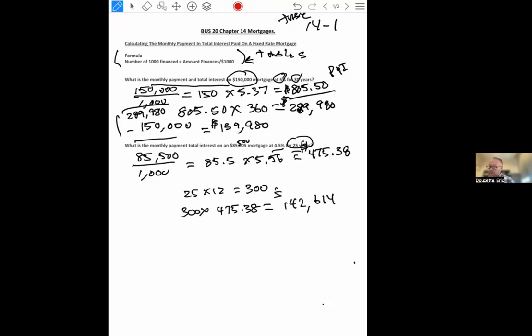So that means by me taking out an $85,500 mortgage for 25 years at 4.5%, I will ultimately have paid a total of $142,614. Now, of course, if I want to figure out how much of that was interest, it would be minus 85,500, because that's how much I originally bought the house for.